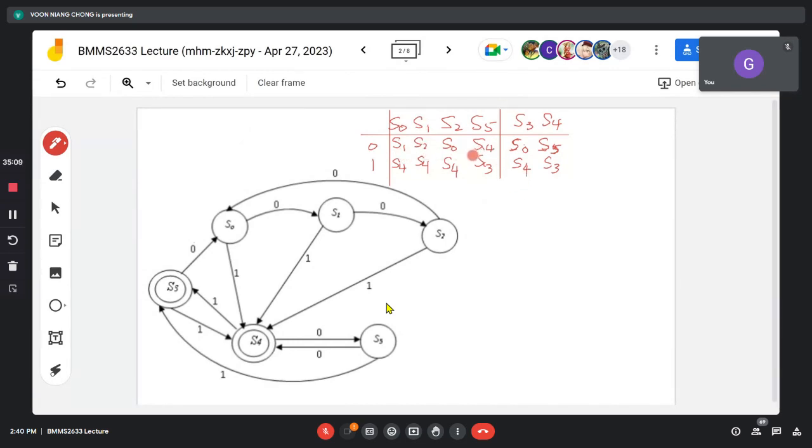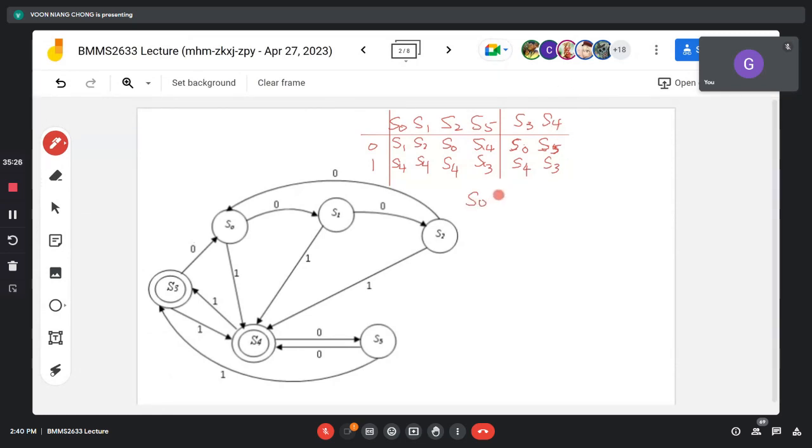The 1, 2, 0, 4 here after the input 0. You see this one, 1, 2, 0, 4, 1, 2, 0 are in the same class, but S4 is different, right? So that means we need to subtract the S5. Okay, take out the S5.